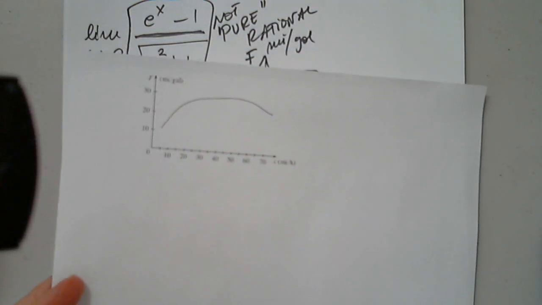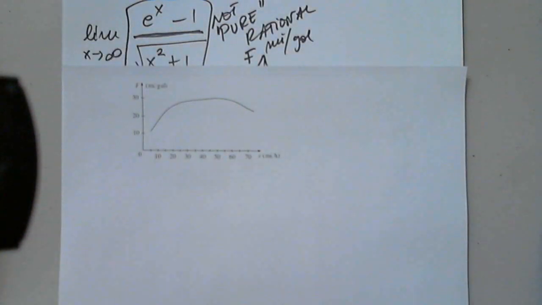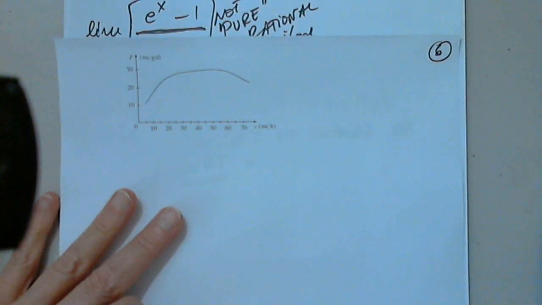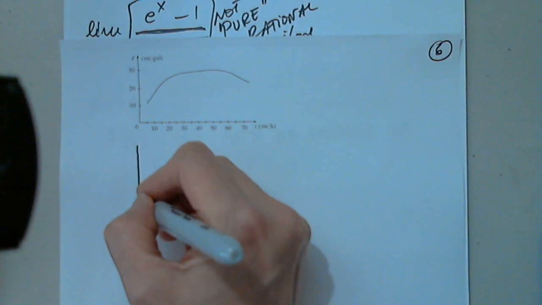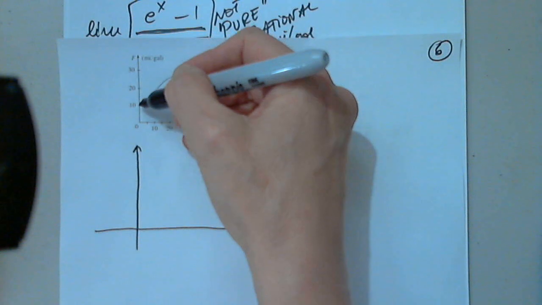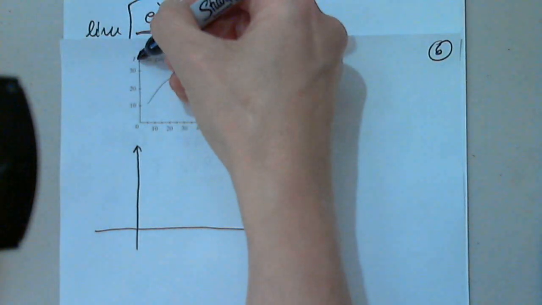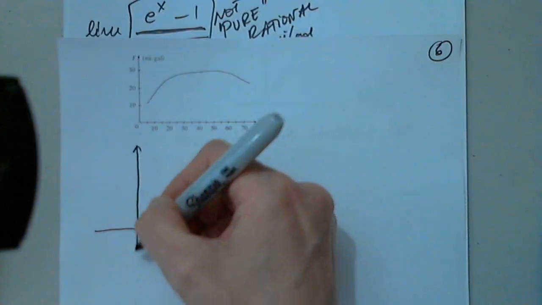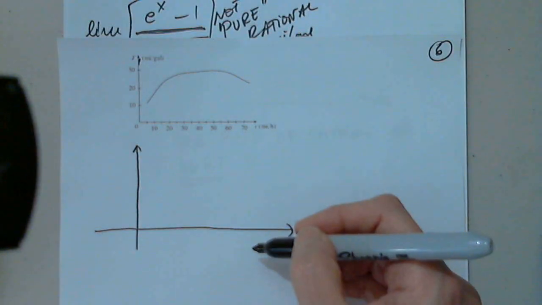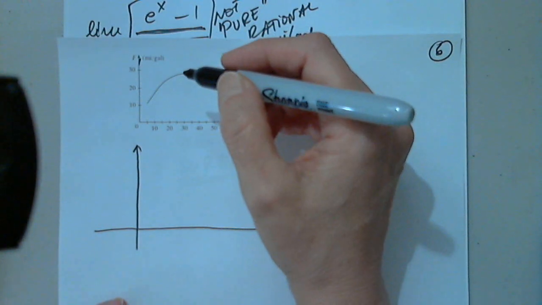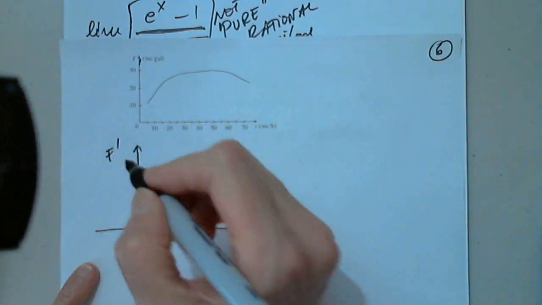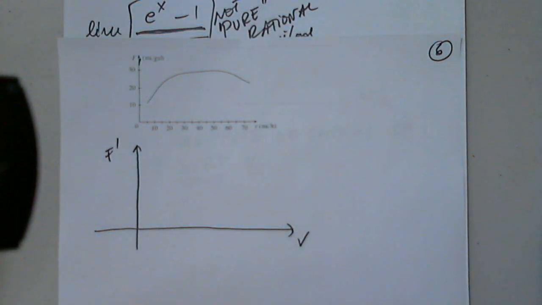Here it is. Perfect. So I'm going to make this page 6. In order to graph the derivative, exactly underneath, it's like a continuation of the y-axis. For each and every point, I should determine the slope, though I will not do it for each and every point, of course. So this will be f prime, and this will be v.